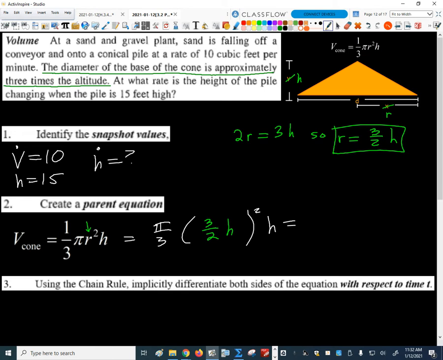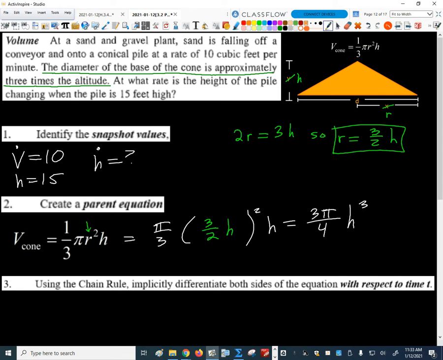If I square all that stuff, I'm going to get 9 on the top. I could cancel one of those 3's with each other, right? So I'm going to end up getting 3 pi over 4 times h squared times h, which is h cubed. Just check my work on that too, but I'm pretty sure that's right. So that's V.